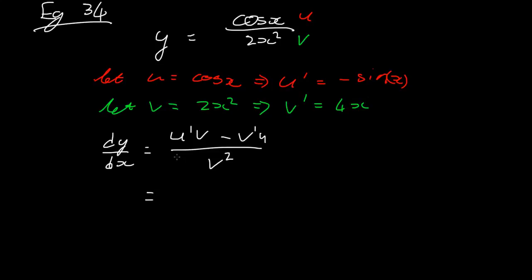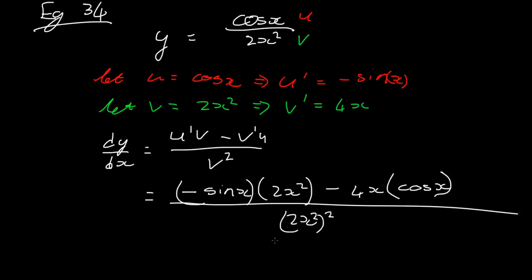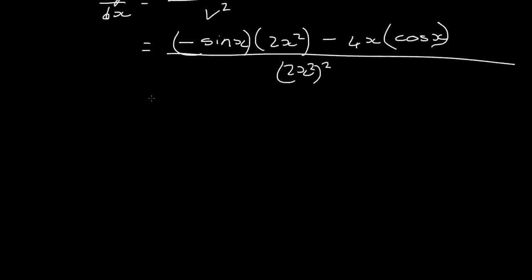So we've got u prime, it's minus sine x, times v, and v is 2x squared, then minus v prime is 4x, u is cos x, over v squared is 2x squared, and then we can just multiply out and we've got our derivative.